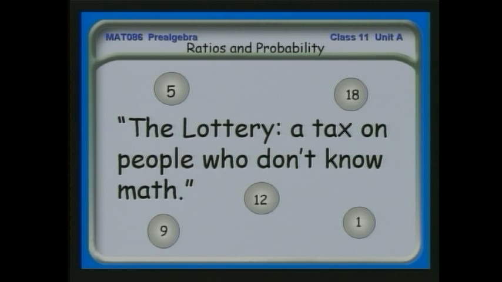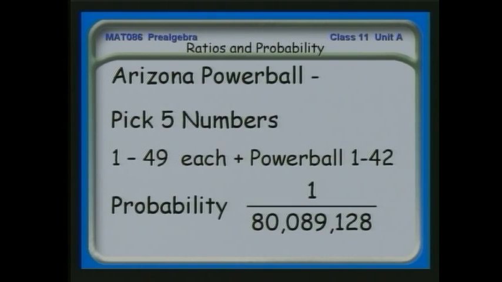Where we talk about probabilities a lot is the lottery. I saw this bumper sticker: the lottery, a tax on people who don't know math. Here's why. With Arizona Powerball, you pick 5 numbers, 1 to 49 each, plus the Powerball number, which is 1 to 42.